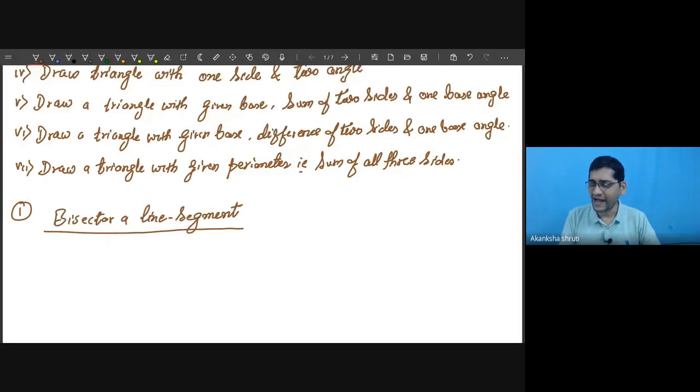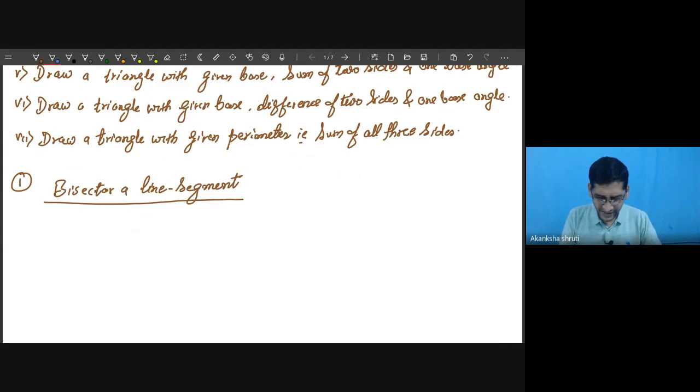Bisector of a given line segment. Students, we know that a line segment has a fixed length. Example, let us take a question so that we can understand it.